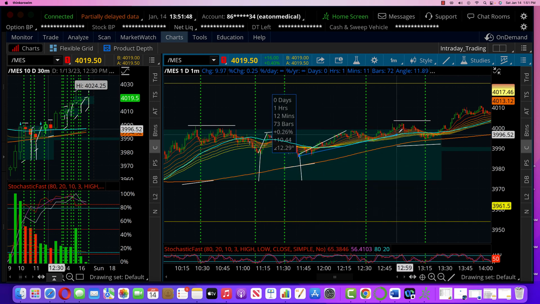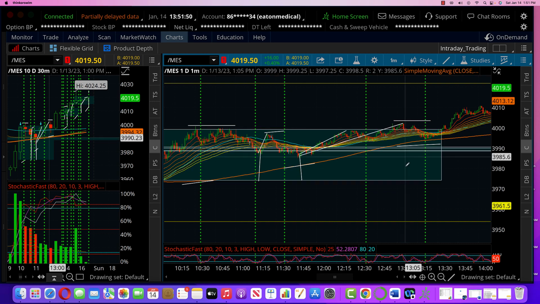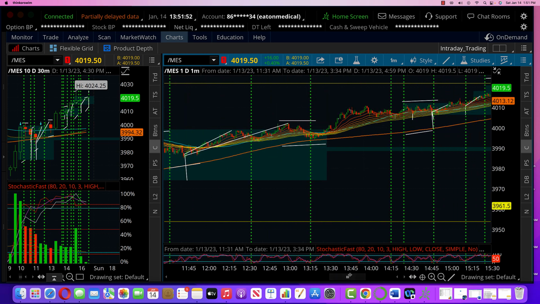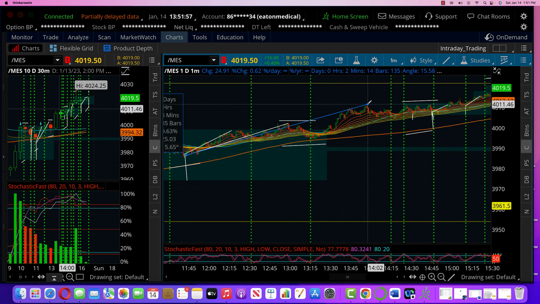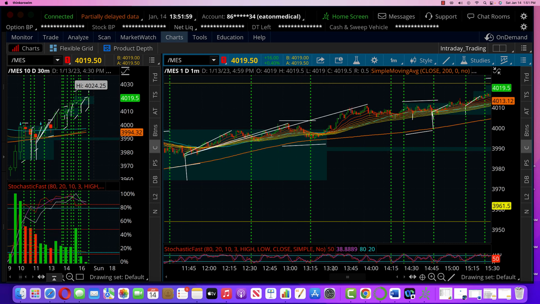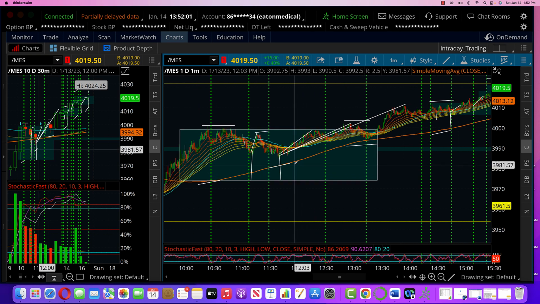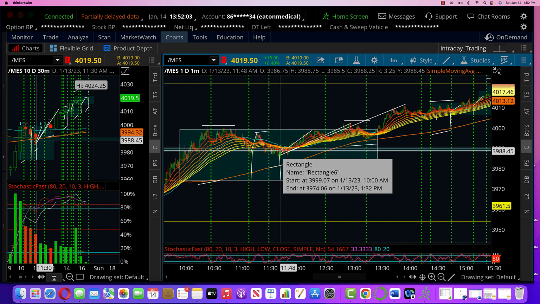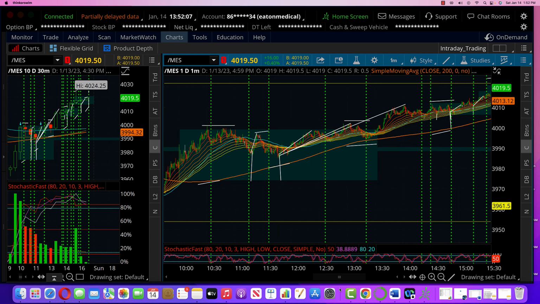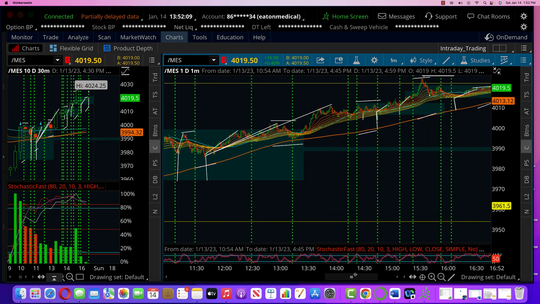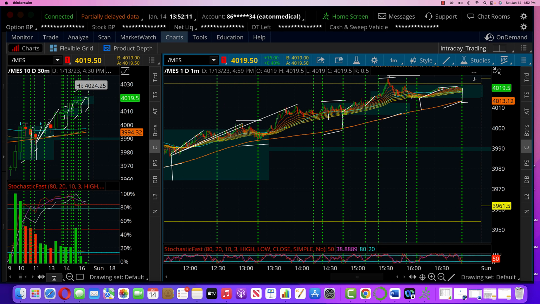If you hung in later, 16. And if you get up here, that's 25. That would have been your 2-to-1 trade right there. But the longer you stay in, the more risk you take.